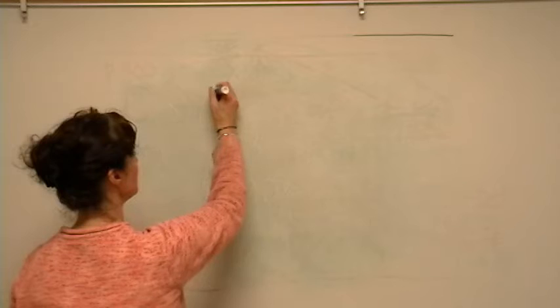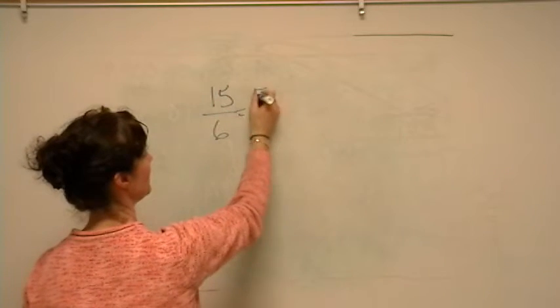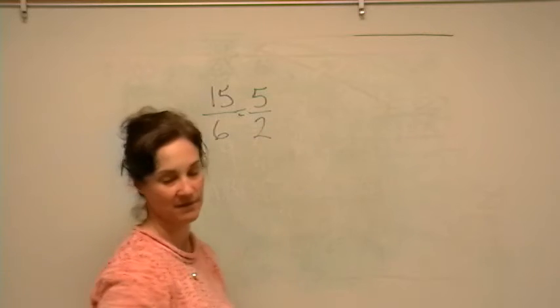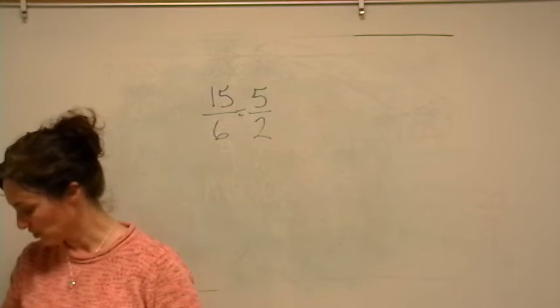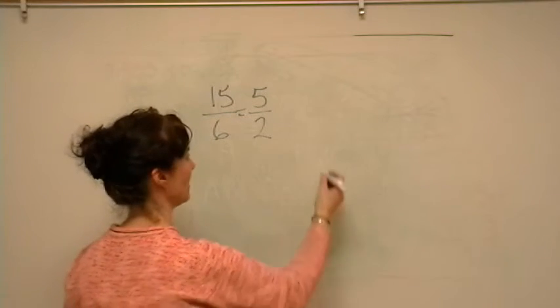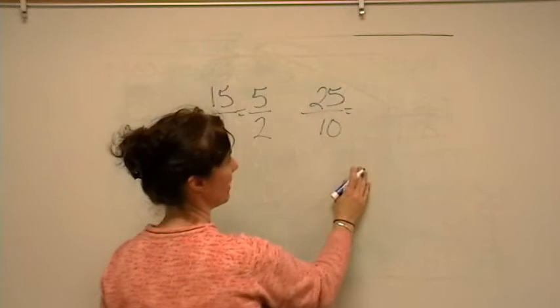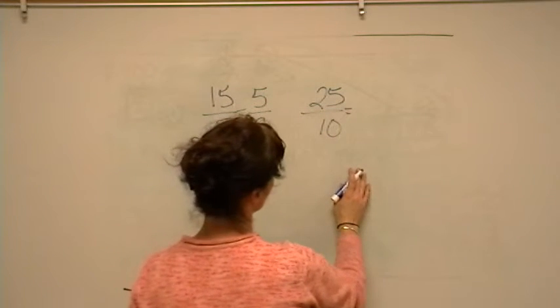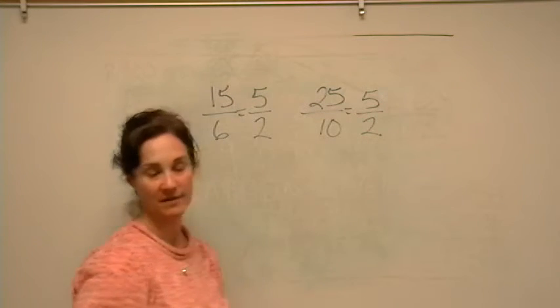So we have 15 to 6, dividing by 3, we get 5 halves. And then the longest side of the large triangle is 25, and the longest side of the small triangle is 10. So we get 25 to 10, and dividing by 5, we get 5 halves.